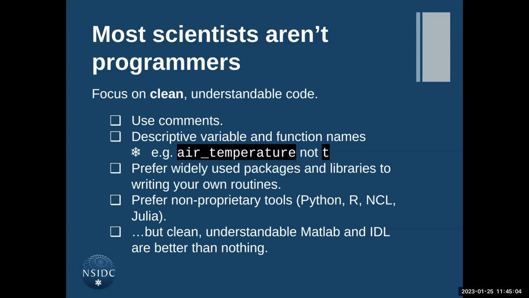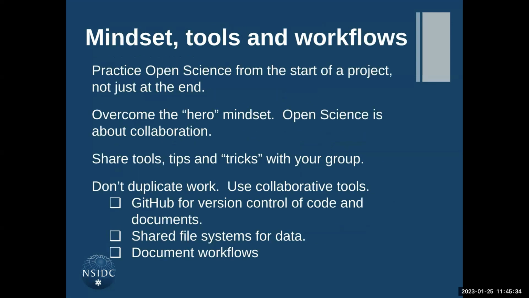As I said at the beginning of the programming side of things, we're describing our analysis within the code. And so MATLAB and IDL do that just as well as anything else. And if you need to, you can take MATLAB code and write it in Python if you want. So I don't think it means that we have to give up the tools that we've spent years learning. But I think we should, if we're looking to change, use a non-proprietary tool.